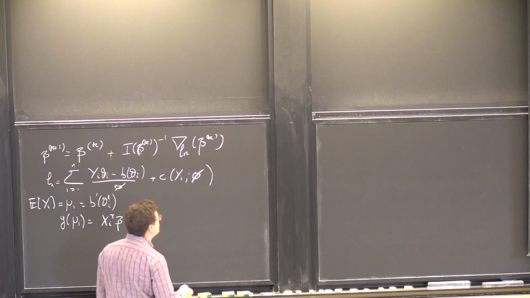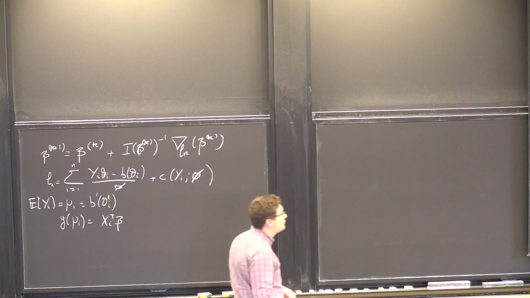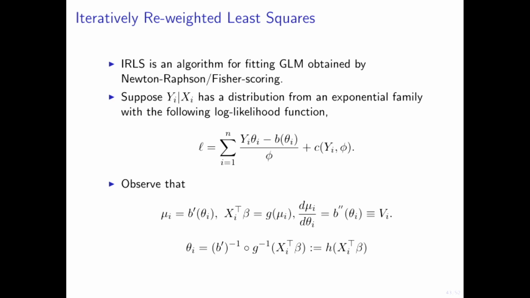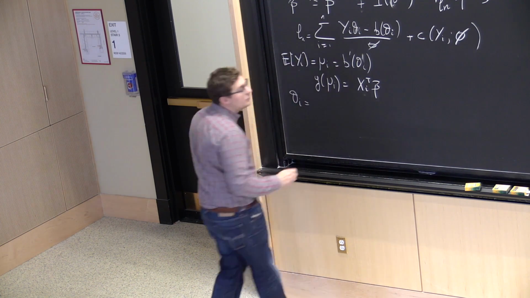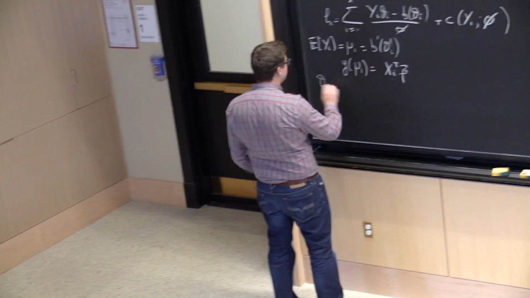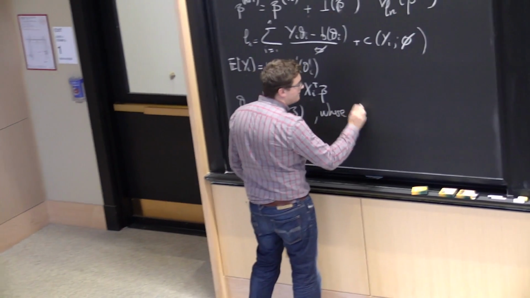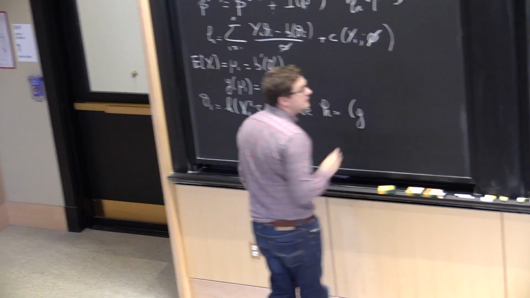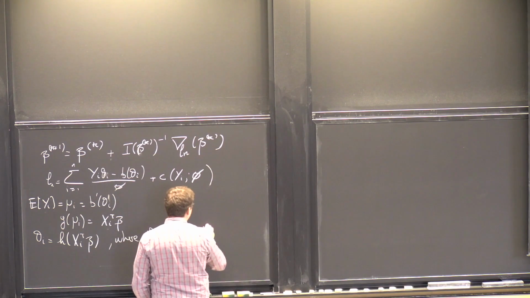And then we had that the variance was also given by the second derivative. I'm not going to go into it. What's actually interesting is that if we want to express theta i as a function of xi, going from xi to mu i by g inverse and then to theta i by b prime inverse, we get that theta i is equal to h of xi transpose beta, where h is the inverse of g composed with b prime.